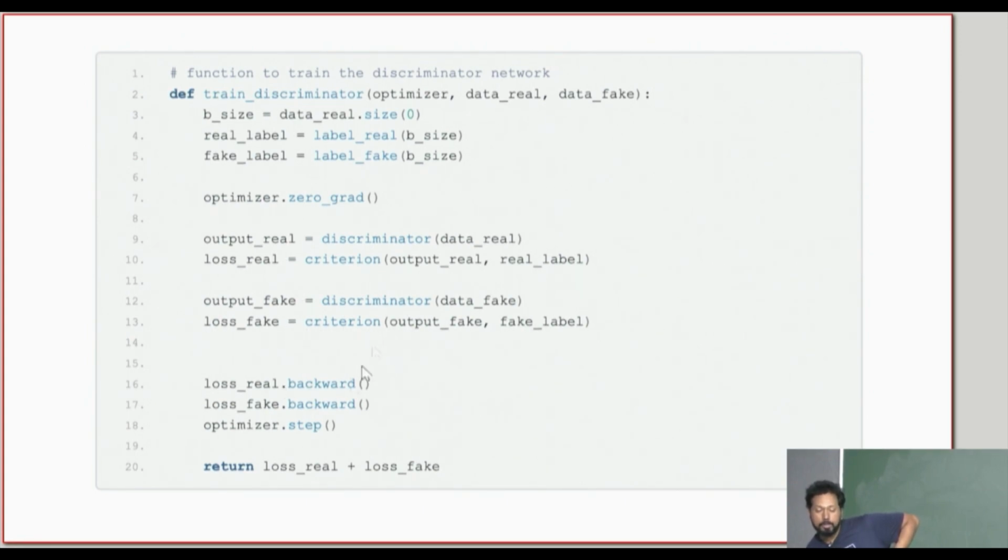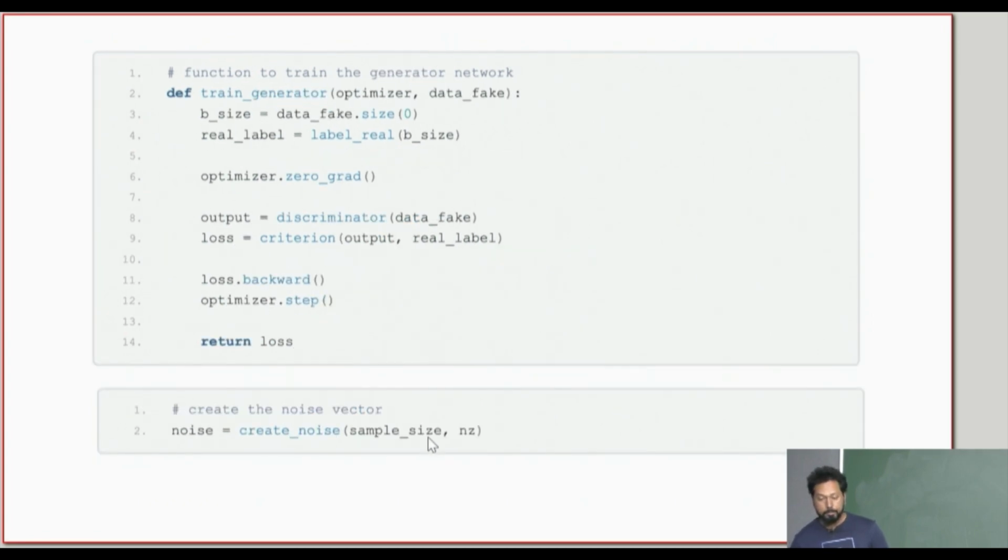During the discriminator training, obviously we do backprop on the loss real and then the loss fake, and then we go to the optimizer step to update the weights of the discriminator, and then we add the losses that we observe for the real and the fake. So this is the discriminator training, and similarly we can do the generator training.